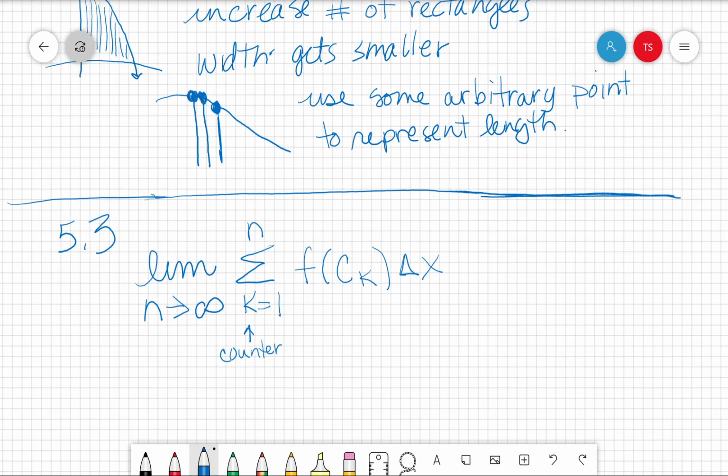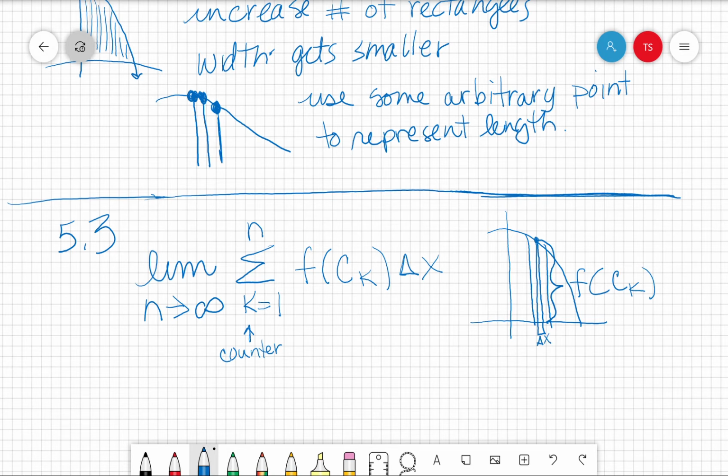Recall, let's just say we have some arbitrary rectangle in here where this distance is f of c sub k. This distance is our change in x.